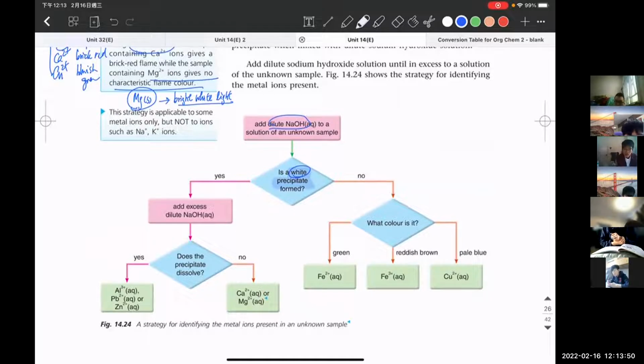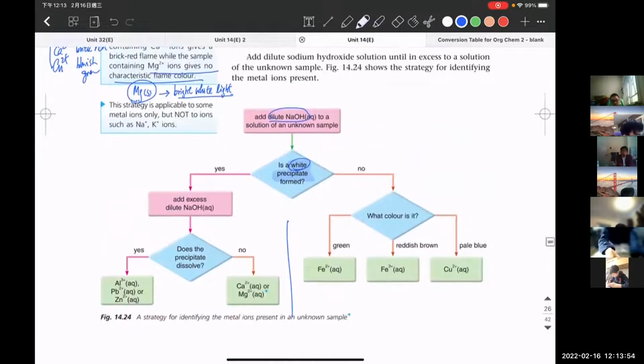But if you say no, it can refer to something else. This one is problematic. What is meant by no white precipitate formed? Do you mean that a precipitate will be formed but it's not white, or that indeed there is no precipitate formed?